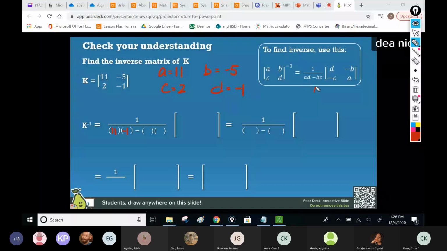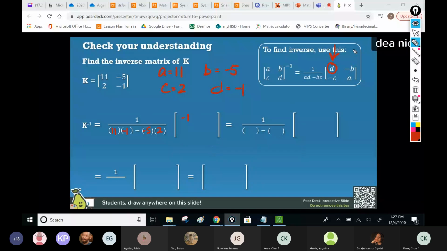And then I also need E times C, so I need a -5 right here and a 2 right here. And then in the matrix, you need an E on the upper left, so you need a -1 right here.